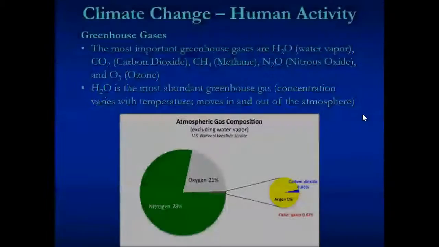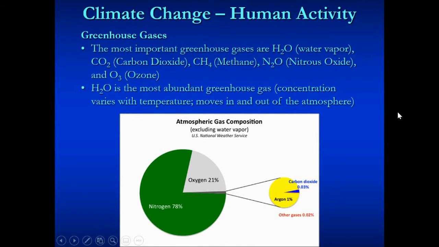It is of note that carbon dioxide is about 0.04% in our atmosphere by volume. The most abundant greenhouse gas is water vapor, anywhere from 0 to 4% in the atmosphere based on the water cycle. But the water vapor does absorb heat and thus is a greenhouse gas.